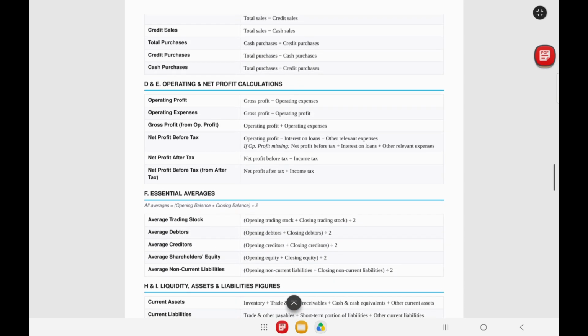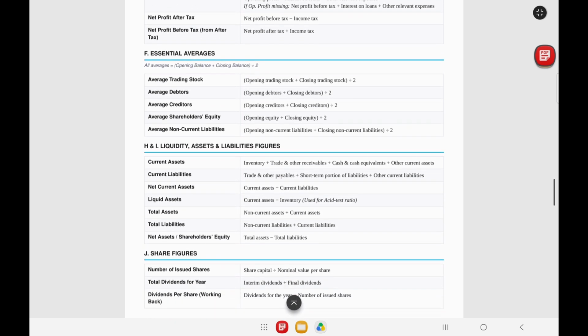You also have operating and net profit calculations, where you calculate your operating profit, expenses, your gross profit, net profit before tax, net profit after tax. Then we also have essential averages, if you want to find your average trading stock, debtors, creditors, shareholders' equity, as well as non-current liabilities.